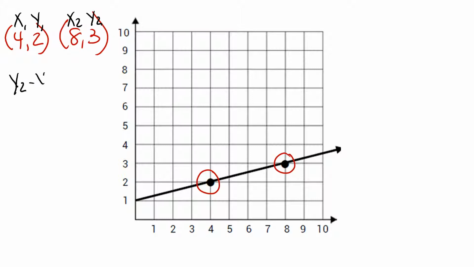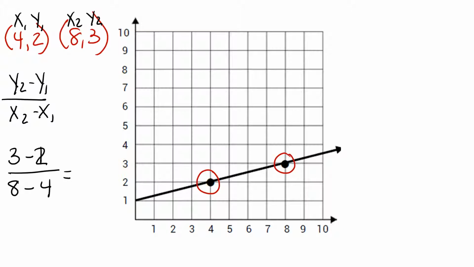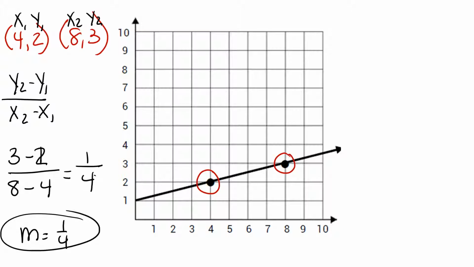Plug them into the slope formula, y2 minus y1, x2 minus x1. y2 is 3, minus y1 is 2. x2 is 8 minus x1 is 4. 3 minus 2 is 1. 8 minus 4 is 4. And so m is 1/4. M is our slope, also called the rate of change.